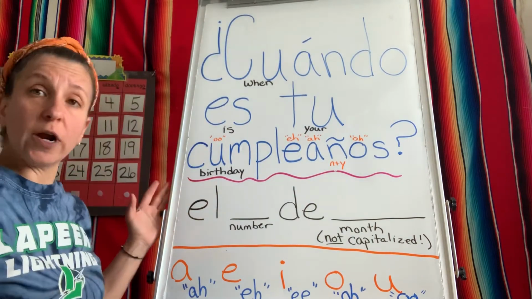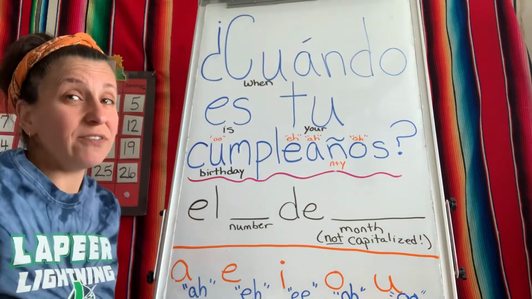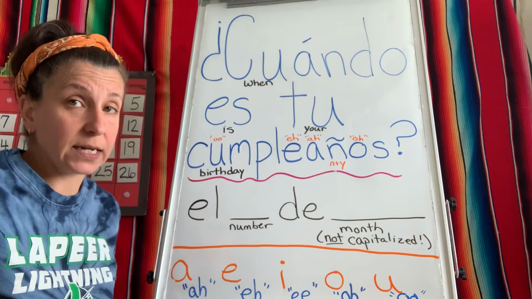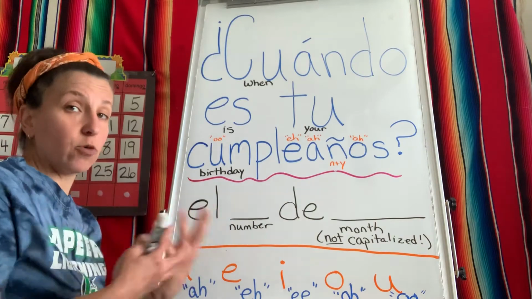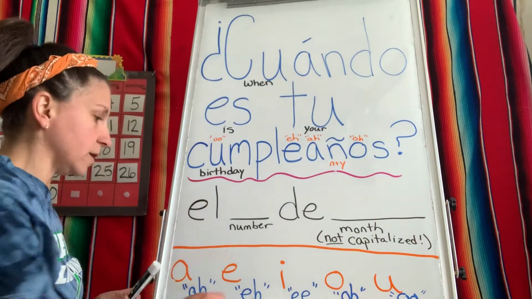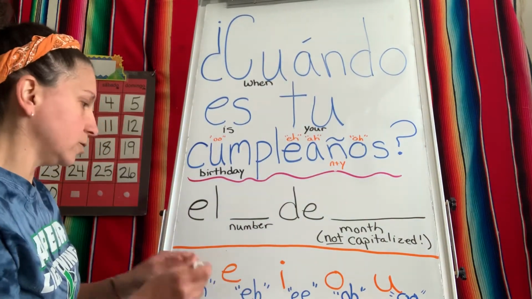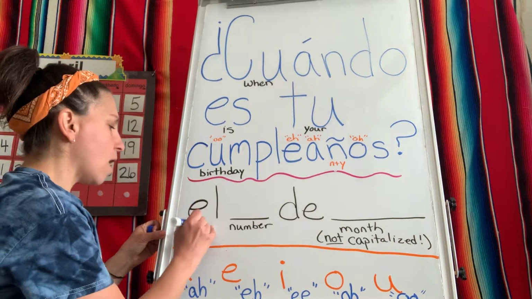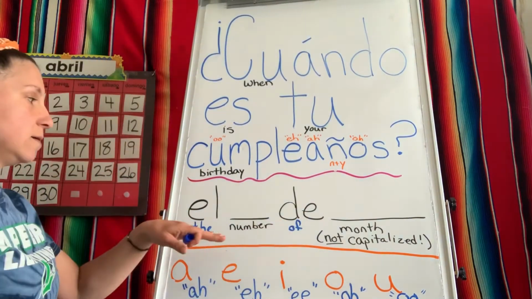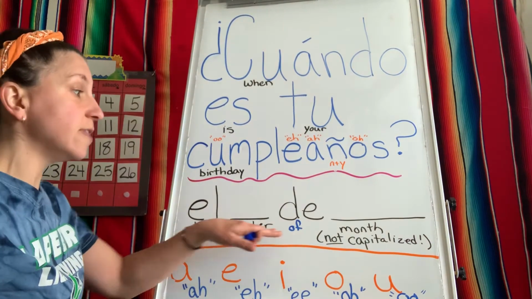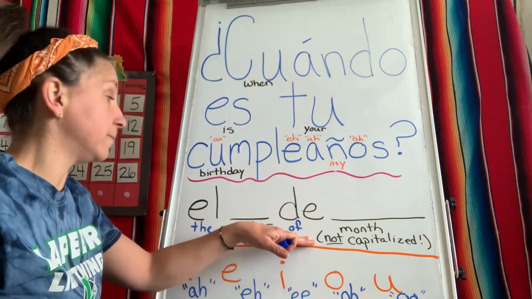Again, you can just use that main word, cumpleaños. And then when you're answering the question, or you might even have to teach the person that you're asking how to answer it in Spanish, the formula of how the words are set up kind of goes like this. So you have the words that mean the and of. And then the number goes first and then the month, which is not capitalized.